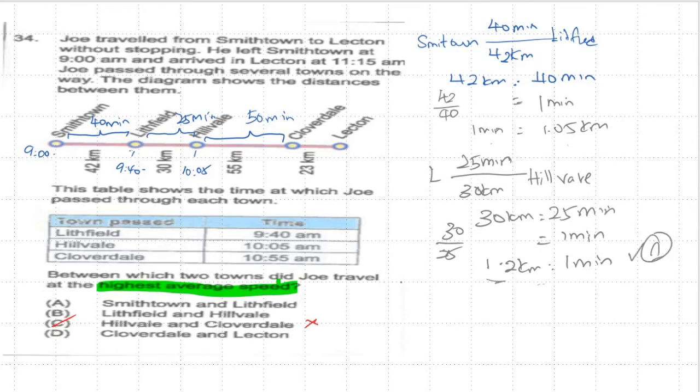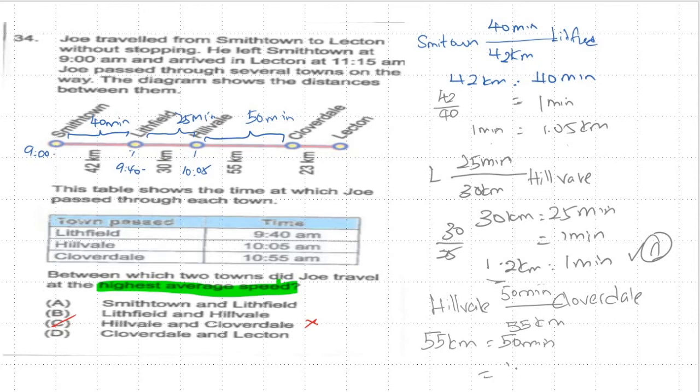Then I compare another one, which is from Hill Valley to Cloverdale. I took 15 minutes, and my distance is 55 kilometers. So 55 kilometers in 15 minutes.